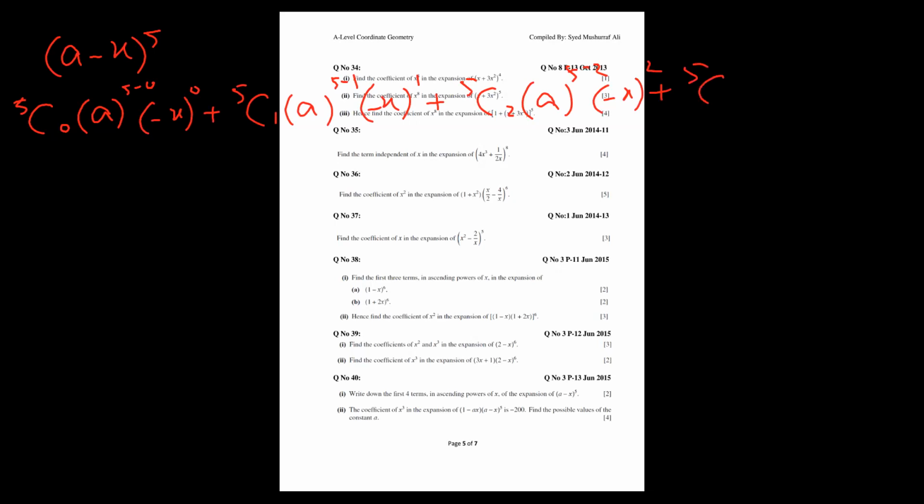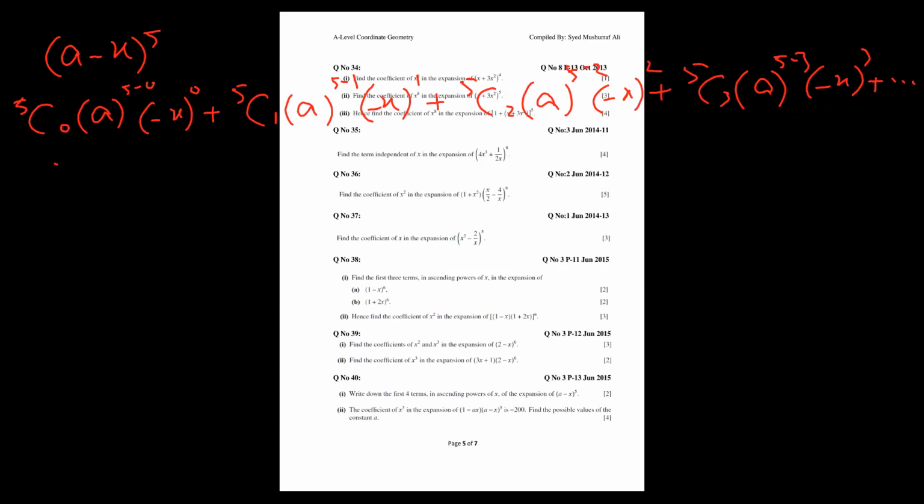Further 5C3, a to power 5 minus 3, and minus x to power 3, plus dot, dot, dot. Every time the first term's power is the difference of these two numbers, and the second number simply comes on top. So I think it is very clear.